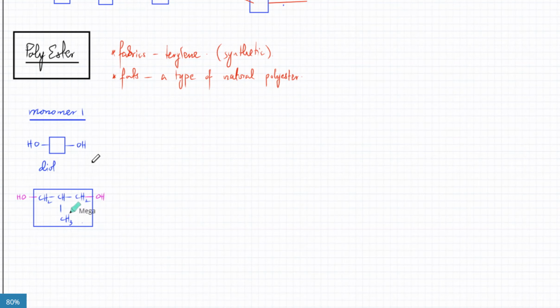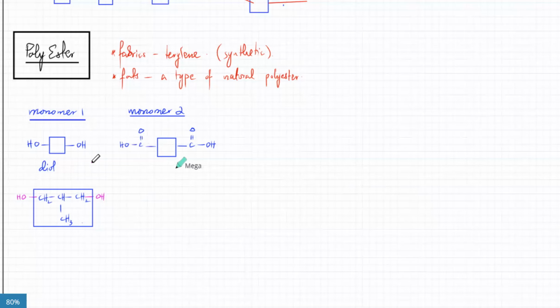And then you have another monomer, monomer number 2. This other one is also needed. Monomer number 2 has carboxylic acid groups on both sides, so it's a molecule that has two carboxylic acid groups.